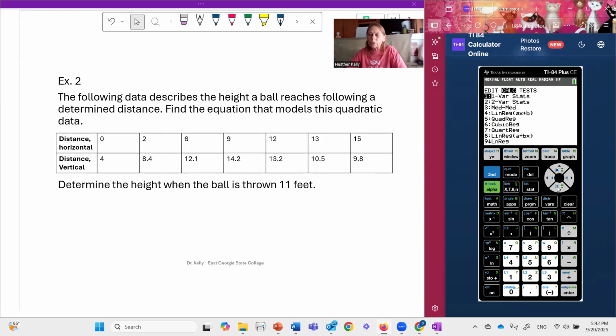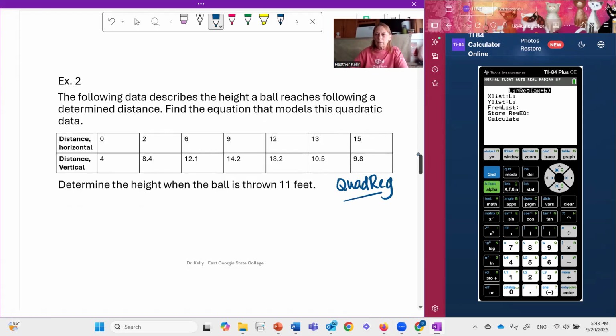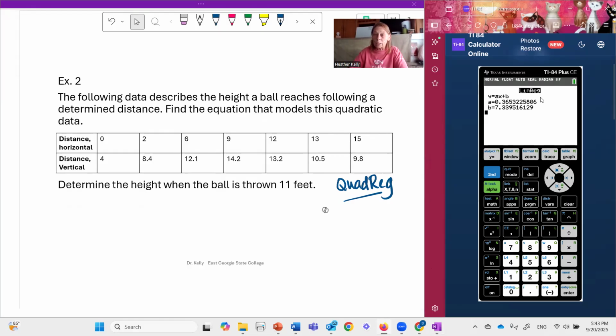I already told you it's quadratic, so we're going to go for the quad reg. Write it there. Quad reg. Enter through all this stuff. Look at that. Now, check it out. See, I was all quick and fast. Look at that.